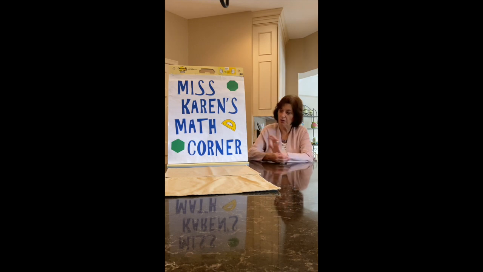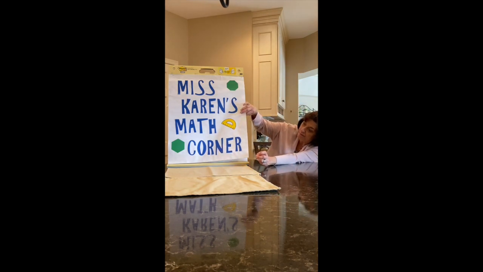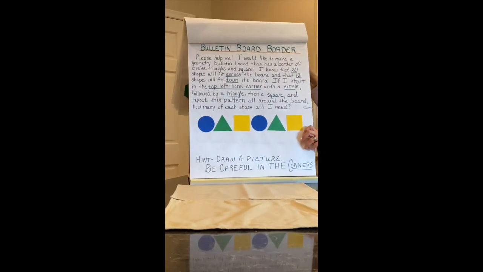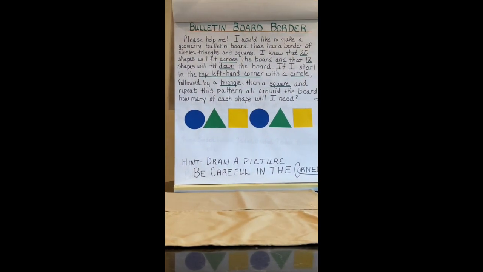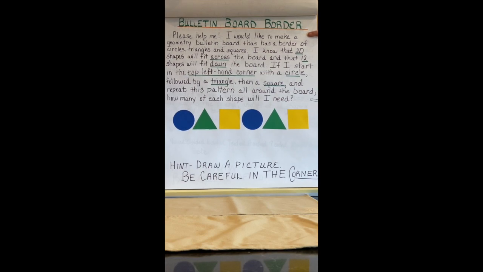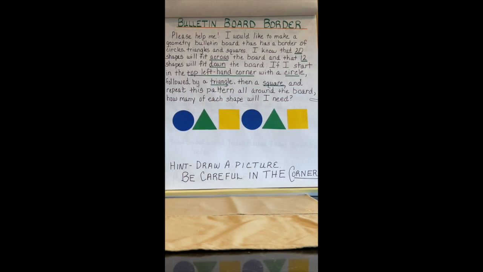So let's get going with our problem. Our problem today is about geometry. Please help me. I would like to make a geometry bulletin board that has a border of circles, triangles, and squares.